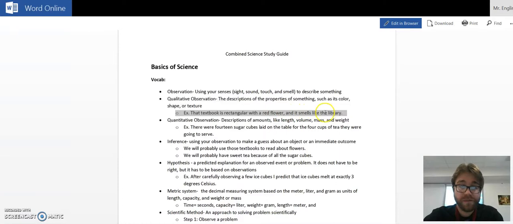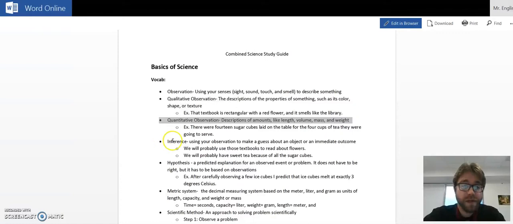My example for quantitative is there were 14 sugar cubes laid on the table for the 4 cups of tea they were going to serve. Now that's a lot of numbers in one sentence, and when you see that many numbers in a sentence, think quantitative observation. Remember again that N in quantitative, think numbers. So quantitative is anything with a number.